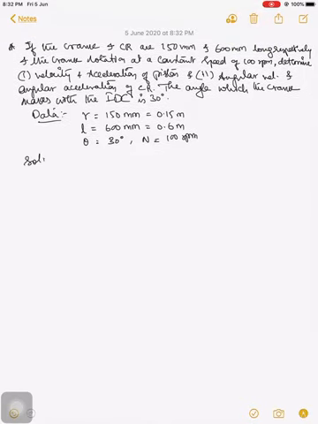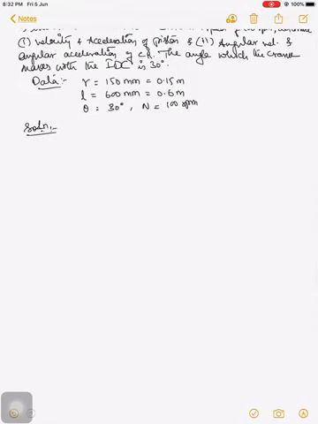So now solution. Initially let us find out the angular velocity of the crank. Angular velocity of the crank is given by omega equal to 2 pi N by 60, so that is 2 pi into 100 divided by 60.